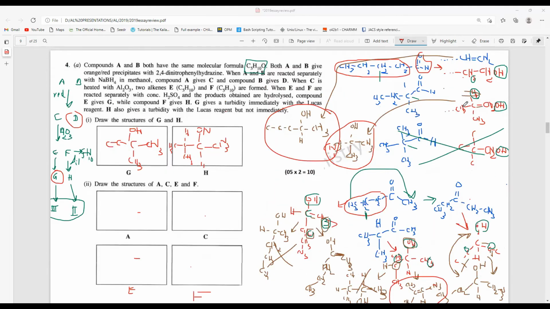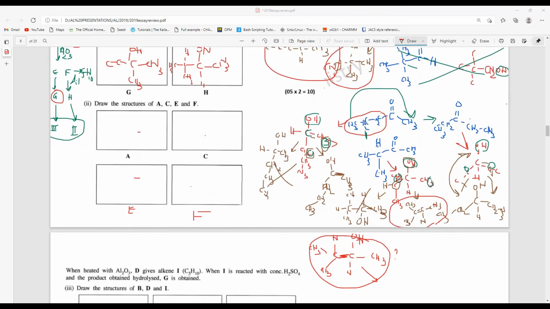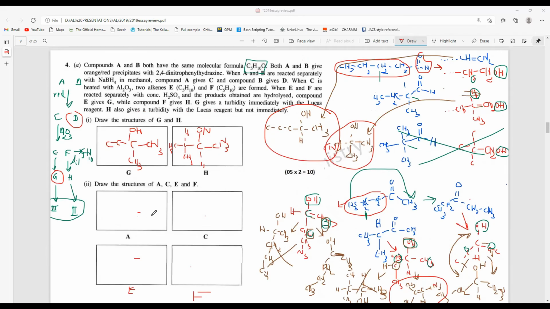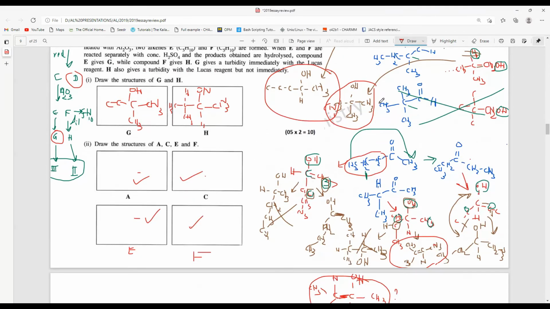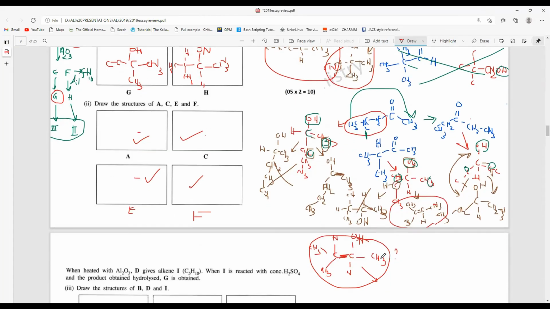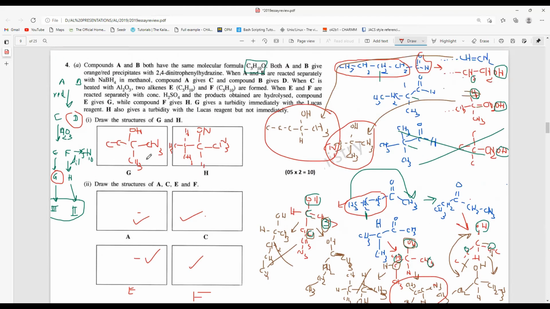You have this structure, this structure, this structure. So when you answer for these particular things, you see only two structures that we have used out of these things. One is this structure, and the other one is this tertiary alcohol that we obtain here.